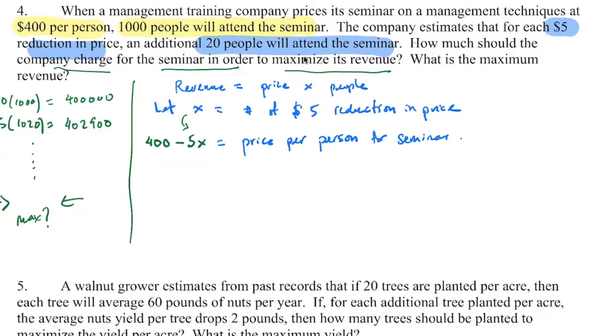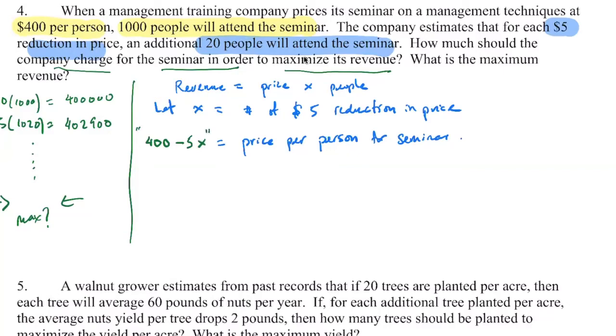It's 5x, as many as we need to yield the maximum revenue. That's the expression for the new price per person in terms of x, where x is the number of times we reduce the price by $5.